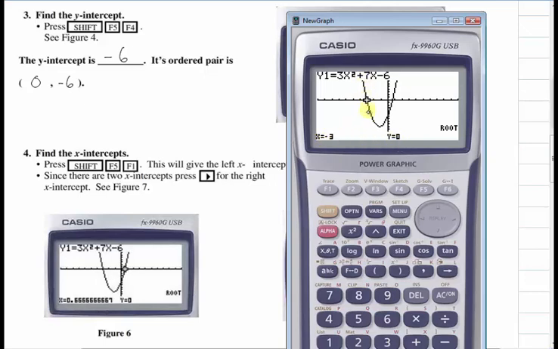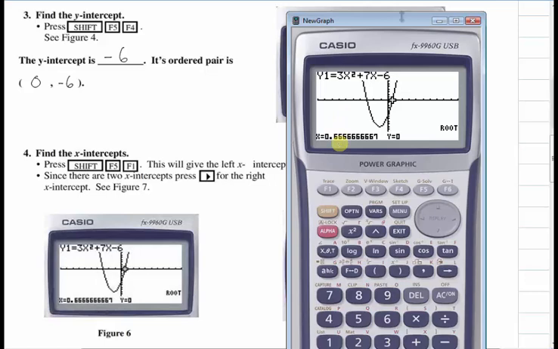But notice your parabola crosses the x-axis twice, so you have an x-intercept on the left, you also have one on the right. So to get the one on the right, all you do is you hit your right arrow key and it will give you the one on the right. Okay, so the x-intercept on the left is at -3 and the one at the right is at 0.67. We'll round to the nearest tenth.